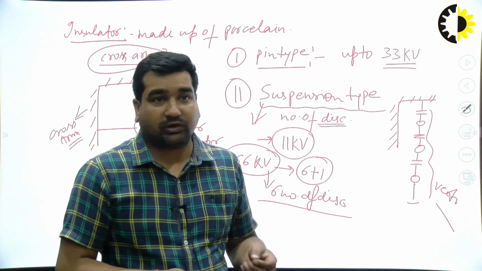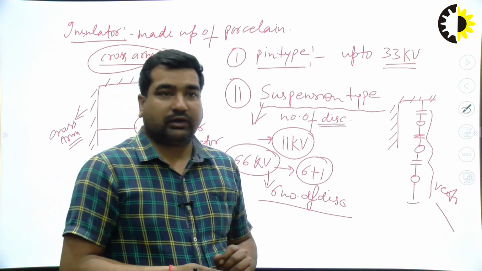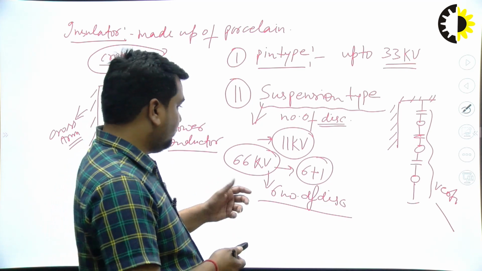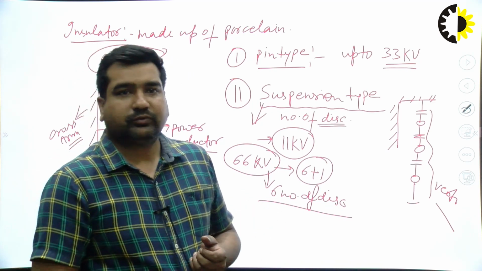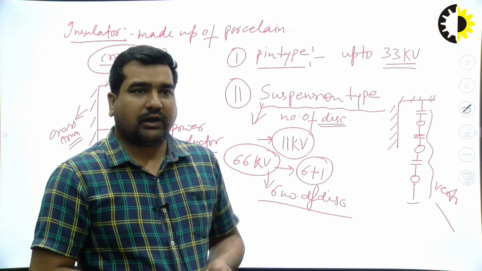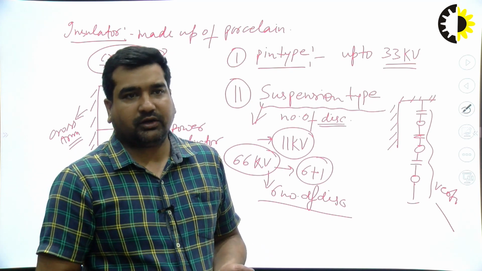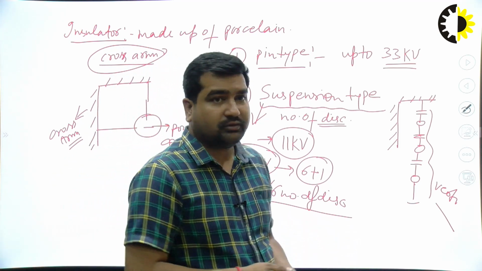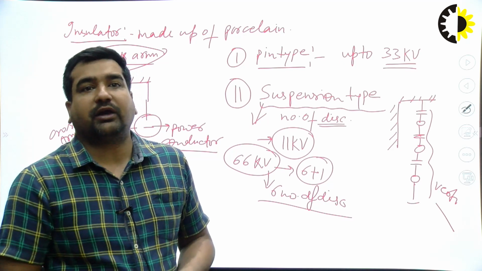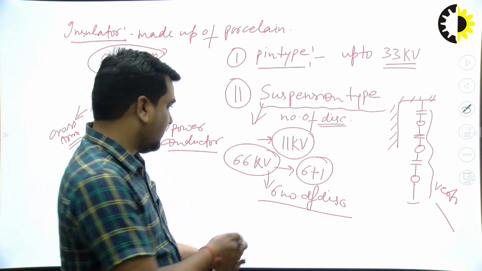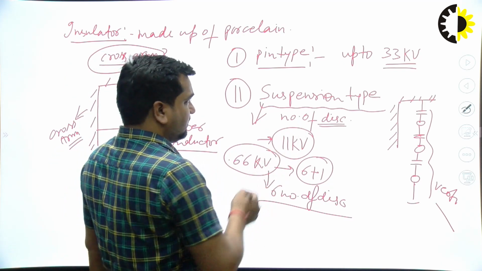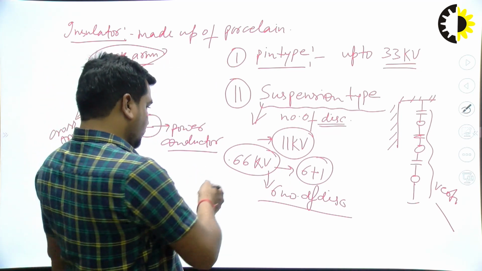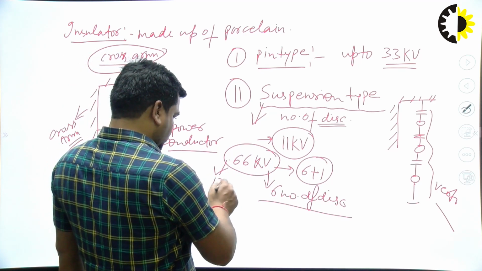If we are going for 33 kV, then we need at least 3 discs. And if we have a suspension type insulator and want to operate it at higher voltages, we can easily add extra discs. Suppose we have a suspension insulator working at 66 kV and we want 132 kV.